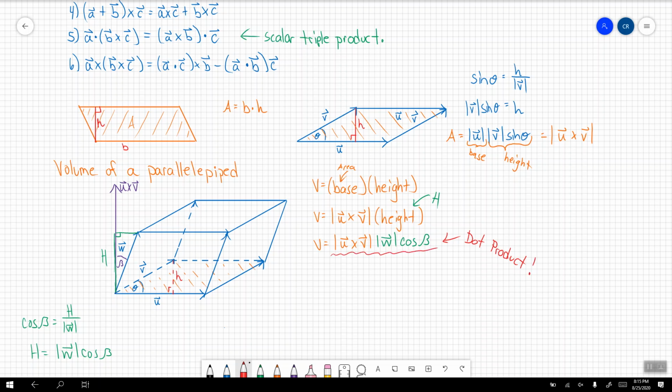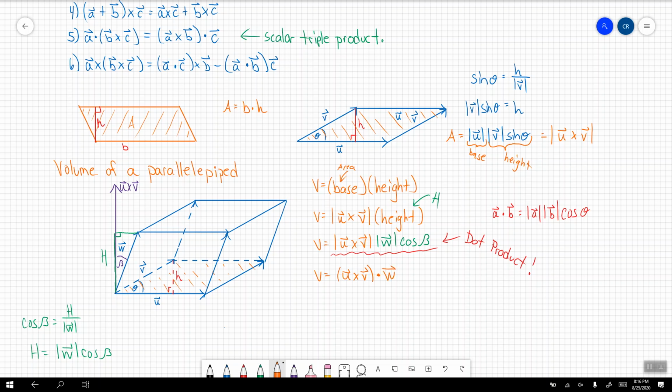The definition for a dot product tells us that if we have a dot b, then we get the magnitude of a, times the magnitude of the other vector, multiplied by the cosine of the angle made between them. And that's exactly what we have here. In other words, it's a dot product. So when we're looking at the volume, we're really looking at u cross v dot vector w.